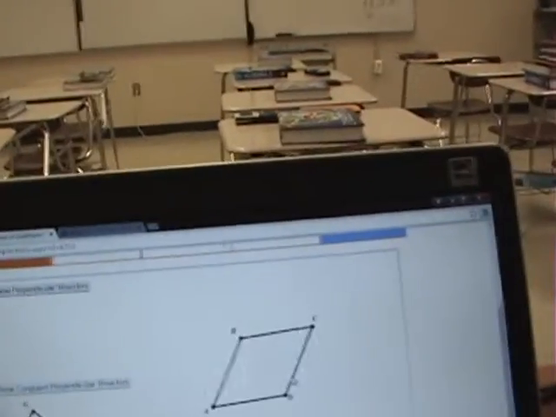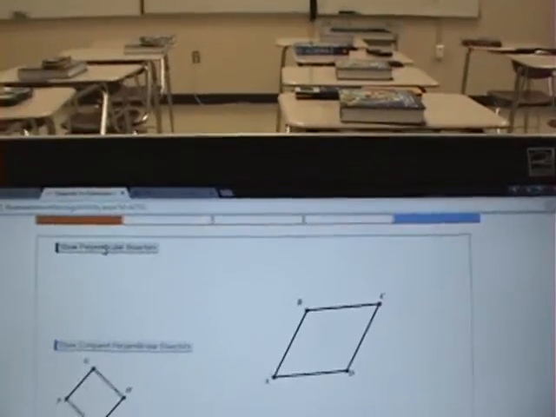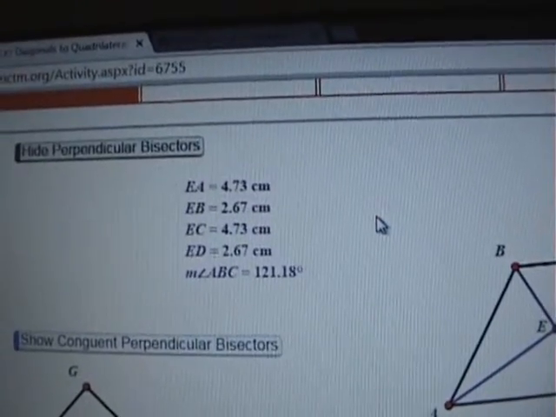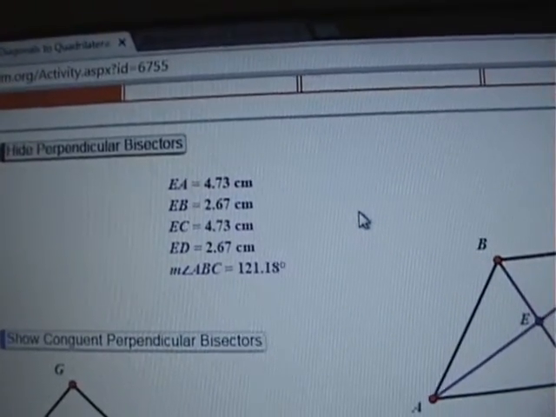So what we're going to do now is actually pull one out, and we'll show the bisectors. Okay, and if you look at it, the bisectors are not congruent.